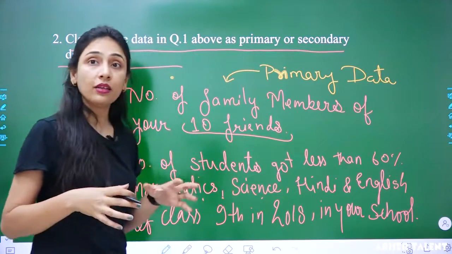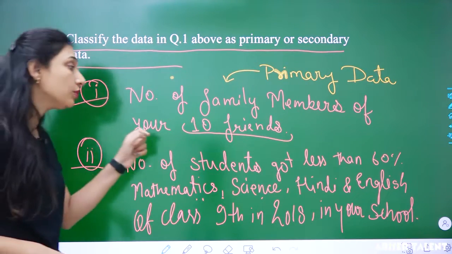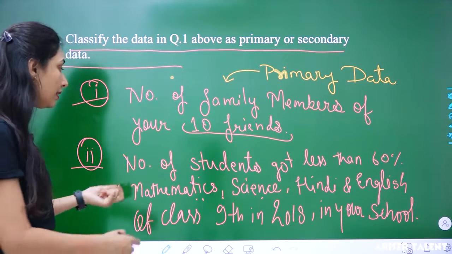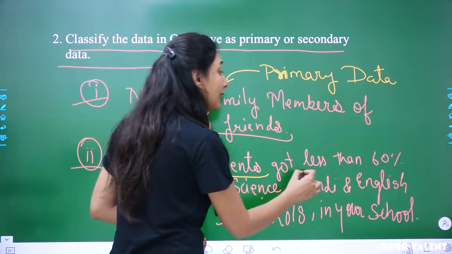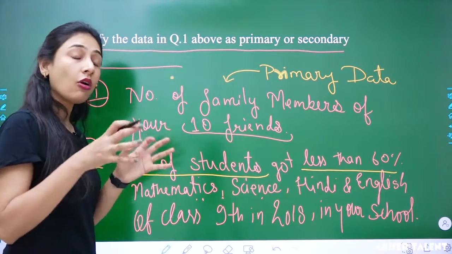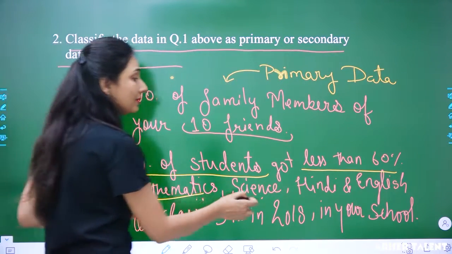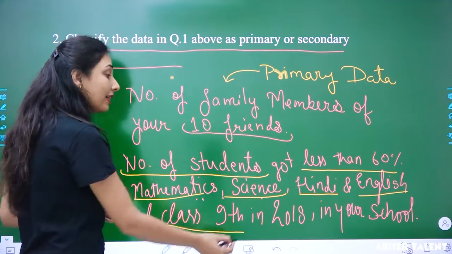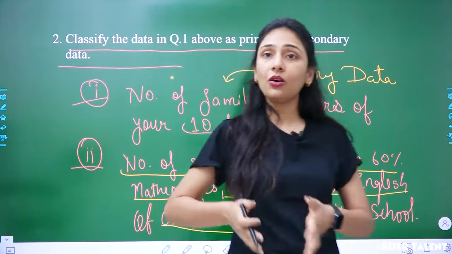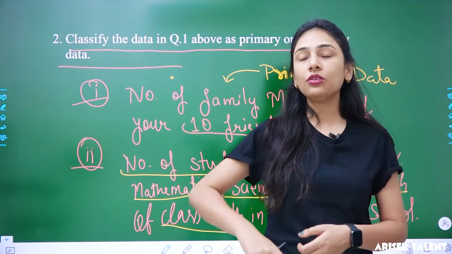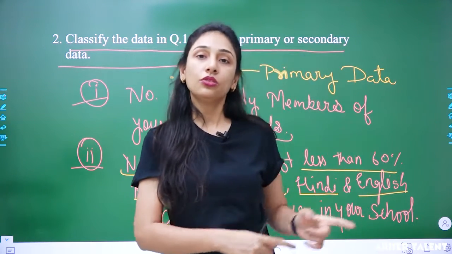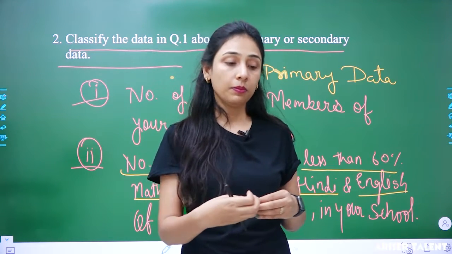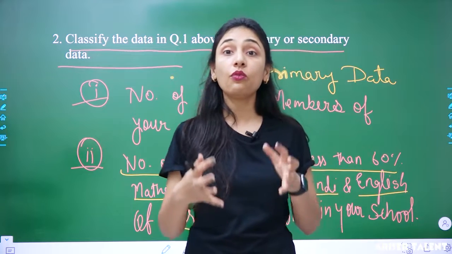Now in the second one, I'm asking the number of students who got less than 60 marks in the particular subjects of mathematics, science, Hindi and English, in class 9th in 2018. Now it's not 2018 anymore, so you're not going to go back to that complete batch of 2018 and be with each and every student.